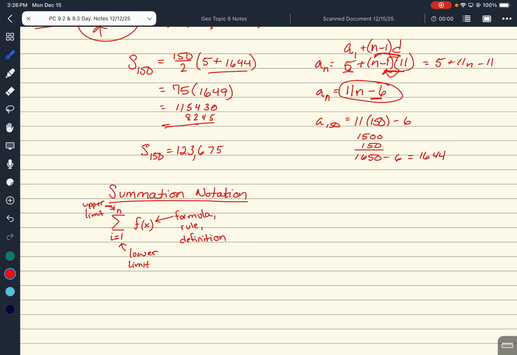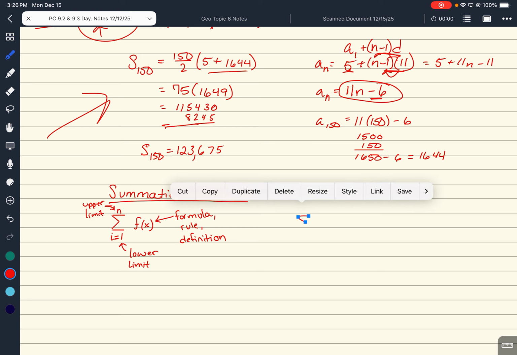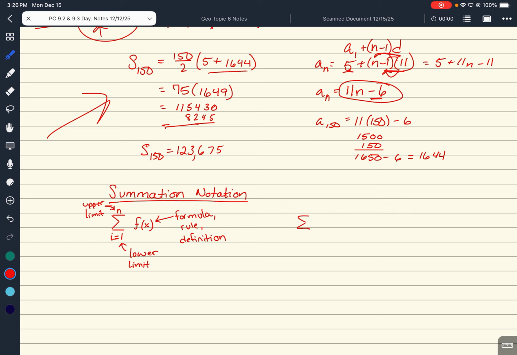If I had written the problem we just did in summation notation, I would have had the sum from i equals 1 to 150 of 11i minus 6.